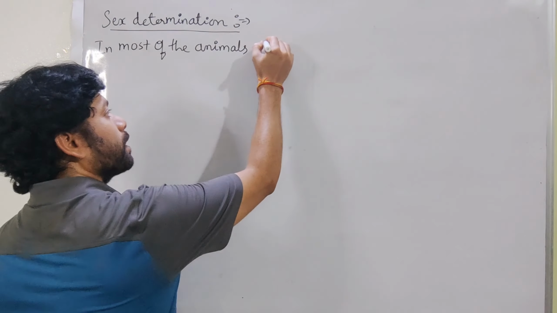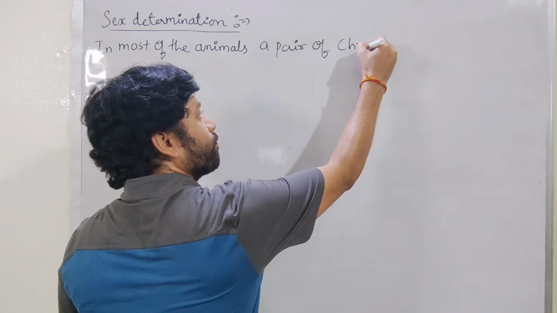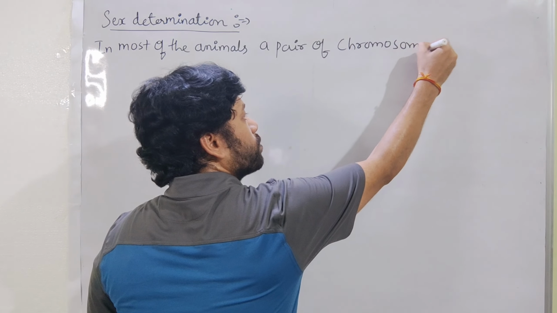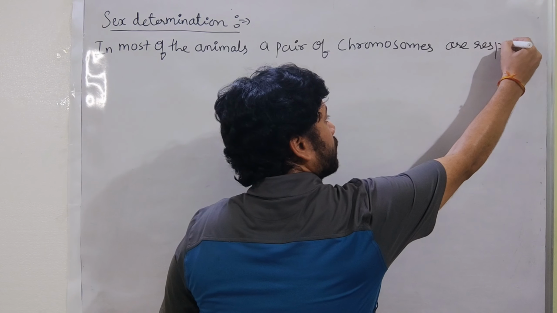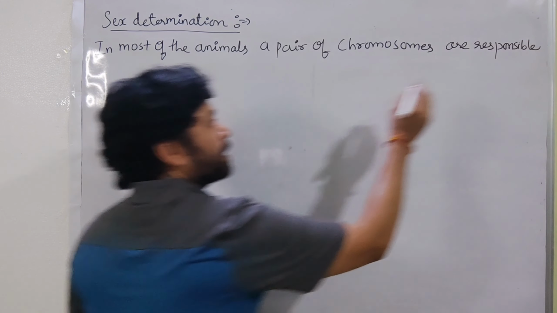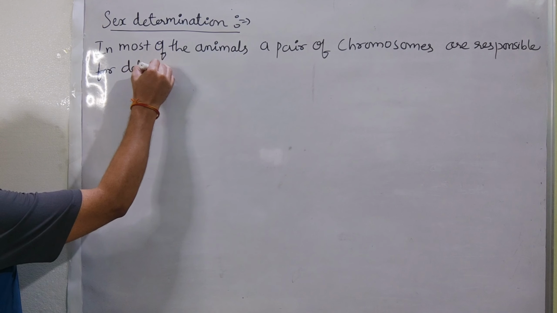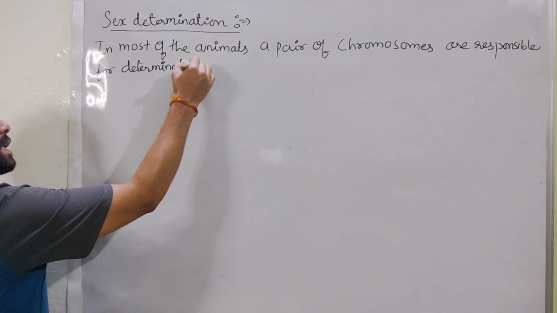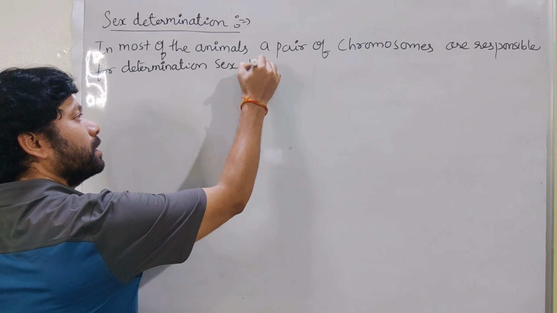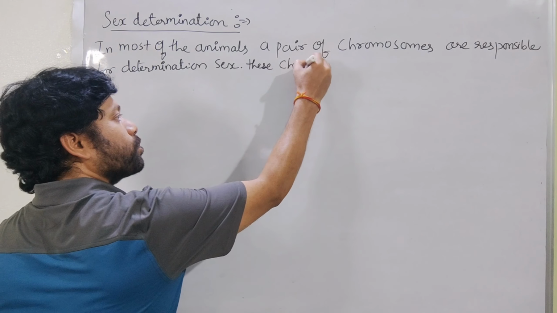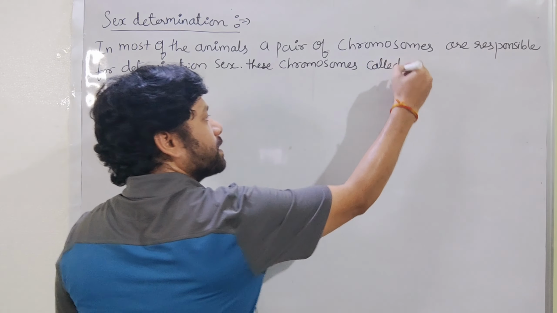In most of the animals, a pair of chromosomes are responsible for determination of sex. These chromosomes are called sex chromosomes.